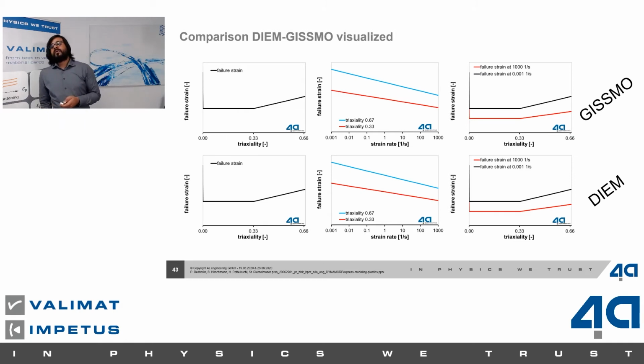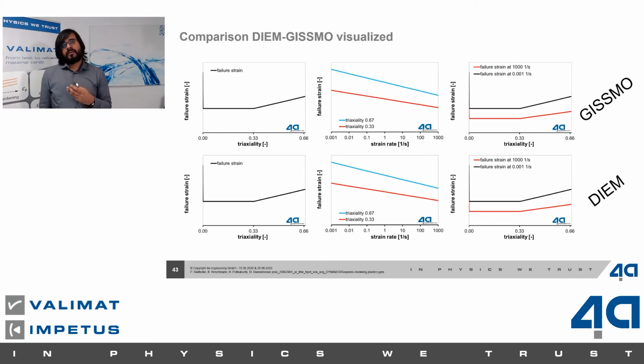Okay. So what is the big difference between GISSMO and DIEM? This would be dealt with more in detail in the talk from Mr. Hirschman next week, but I would just like to give a small introduction. The big difference is that when we consider ductile damage behavior of plastics, GISSMO offers us an opportunity to go in depth to consider element regularization.